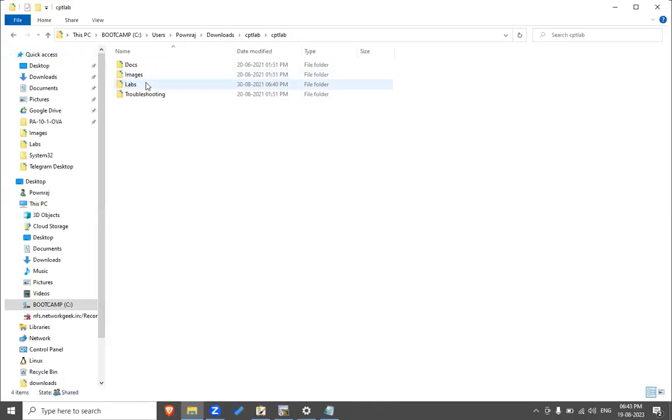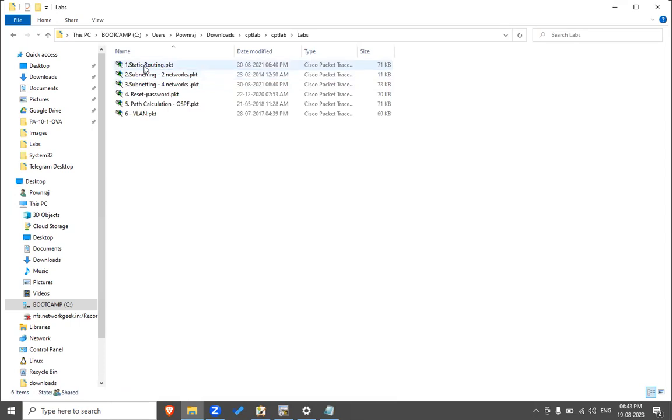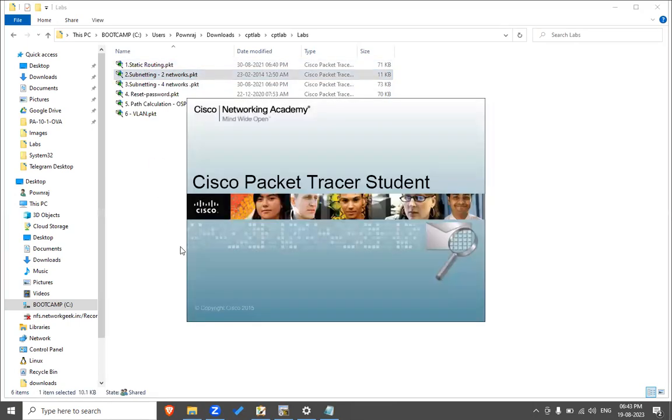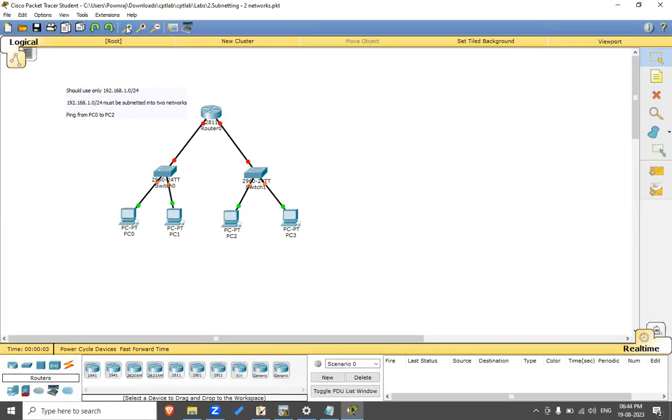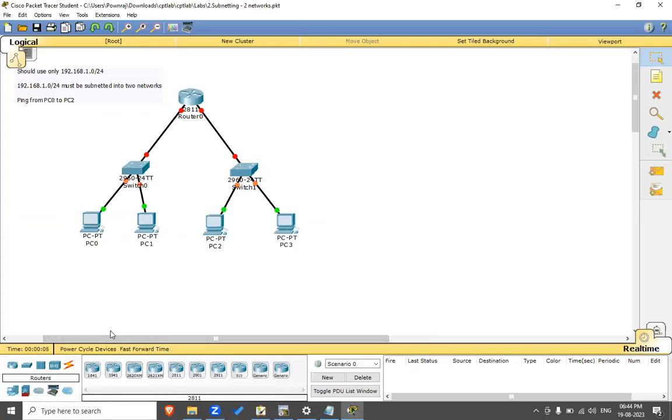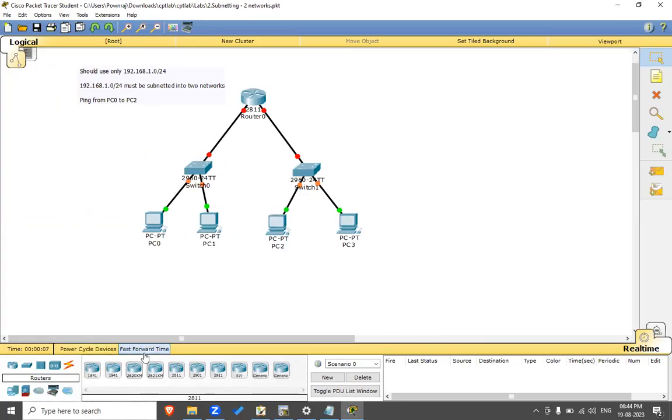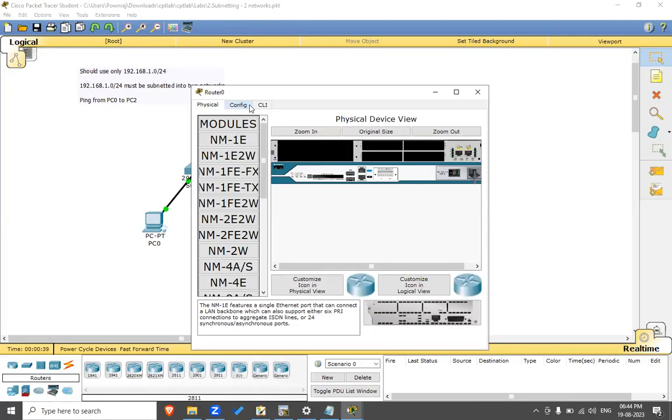Last class I asked you one question. Let me open this lab. This was the lab that I was using yesterday. I'll share the link where you can download this lab. We enter the router and configure IP addresses.